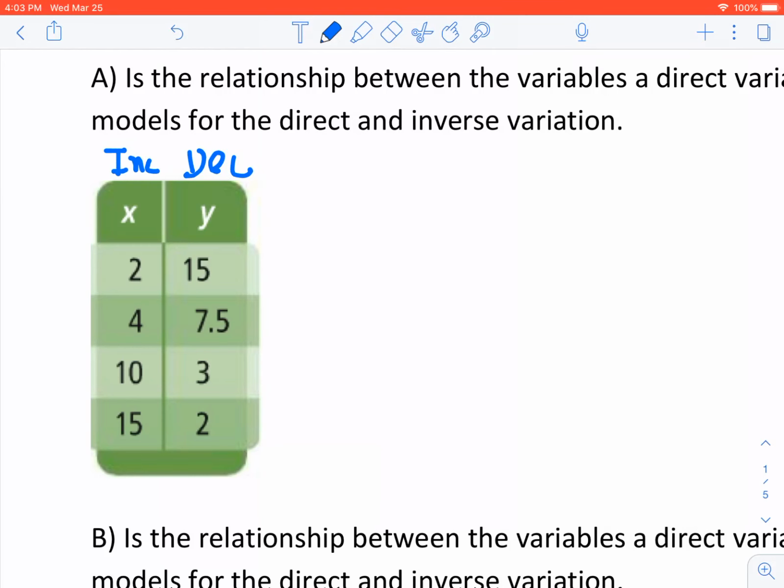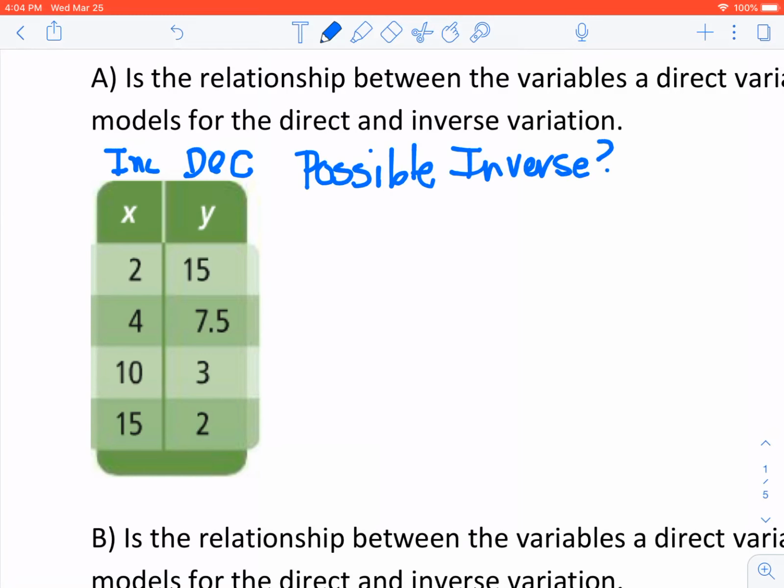Okay, so increasing and decreasing. That tells us it cannot be direct variation because direct variation is both increasing or both decreasing. So it's a possible inverse variation. Now we just need to confirm that it's inverse variation.